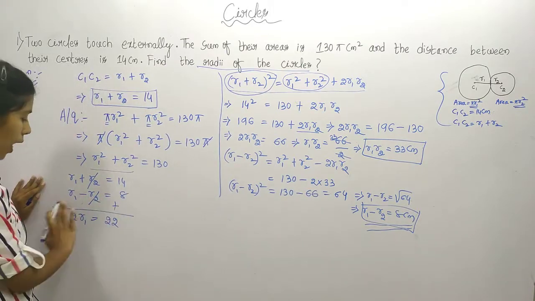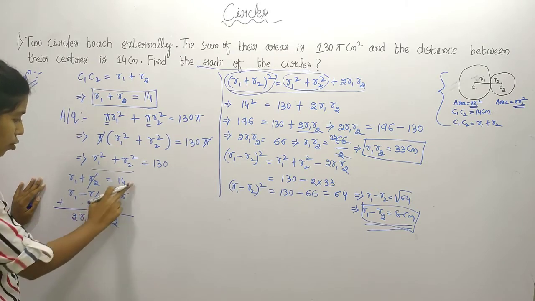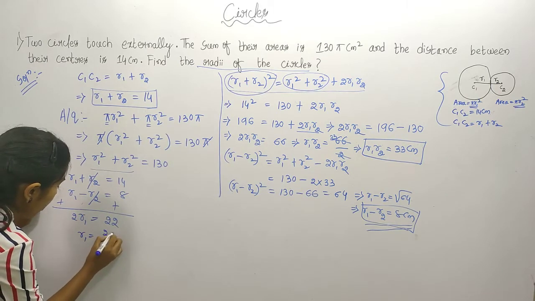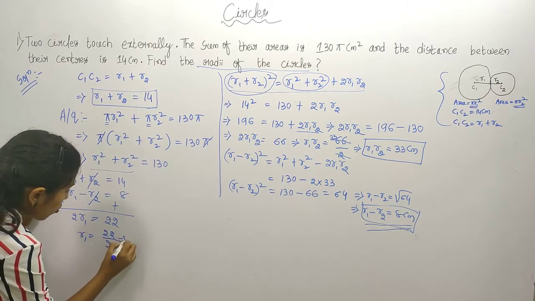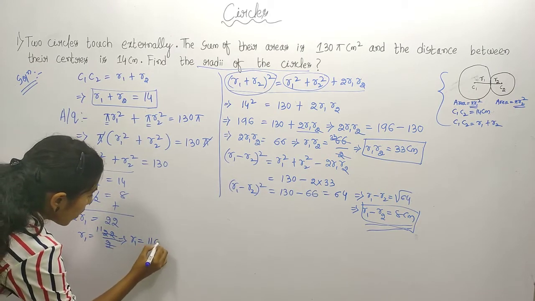You have to add the equations. So r1 plus r1 is 2r1 equals 14 plus 8, which is 22. So r1 equals 22 divided by 2, so r1 equals 11 cm.